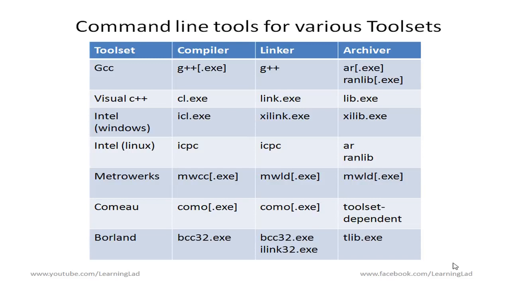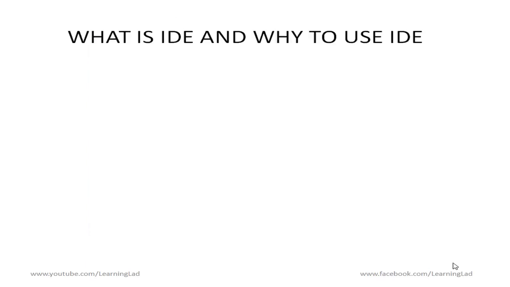Similarly, for the Visual C++ toolset, we have their specific compiler, linker, and archivers. And similarly for Intel, Windows, Linux, Metrowerks, Comeau, and all these different toolsets contain different compilers, linkers, and archivers.